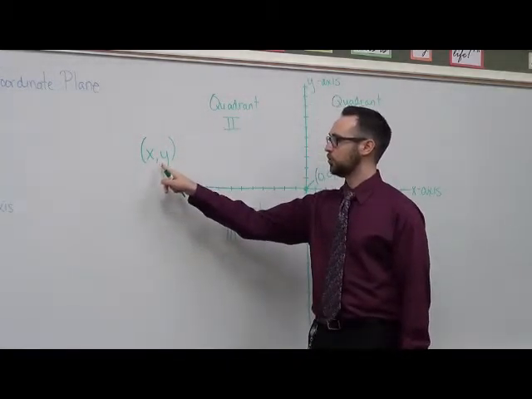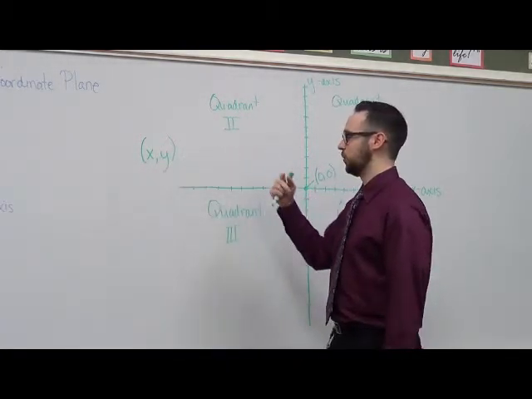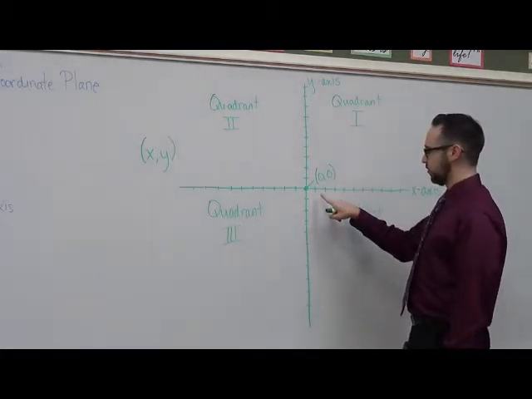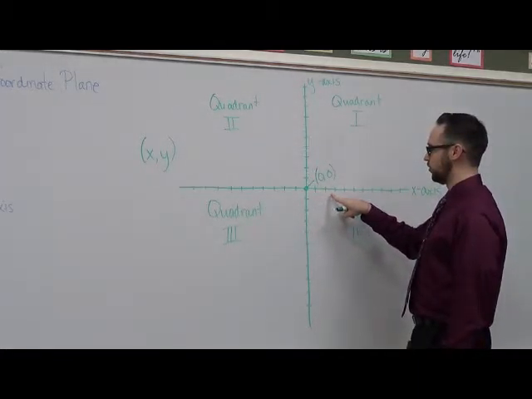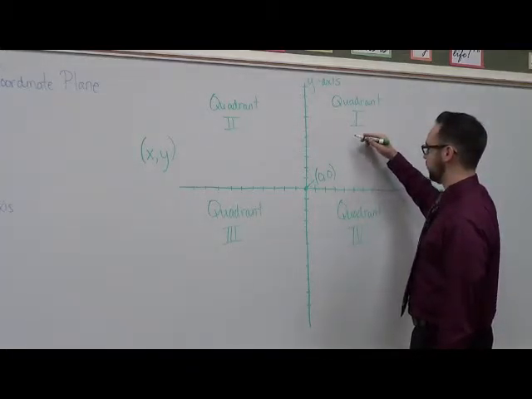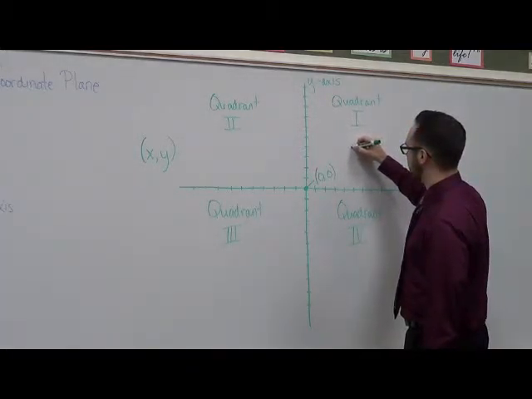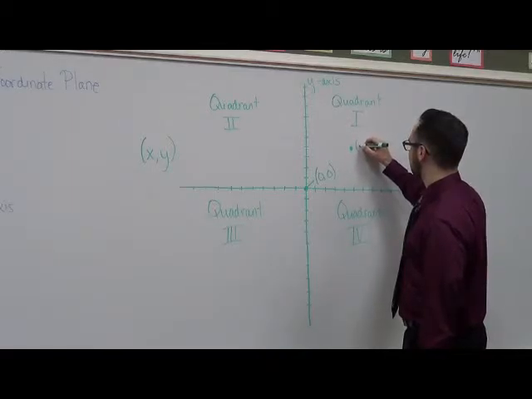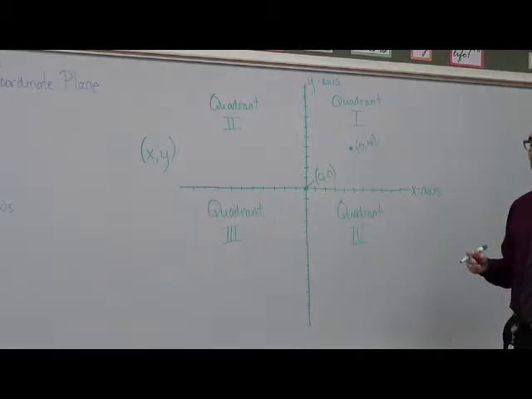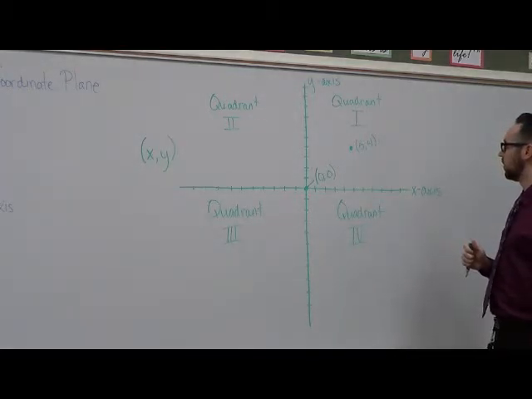So x first and then y, alphabetically, if you want to view it that way. So if I give you the point (5, 4) to plot, we'd count over 5, 1, 2, 3, 4, 5, and then move up 1, 2, 3, 4. And so our point here would be (5, 4), and that's the coordinate (5, 4).